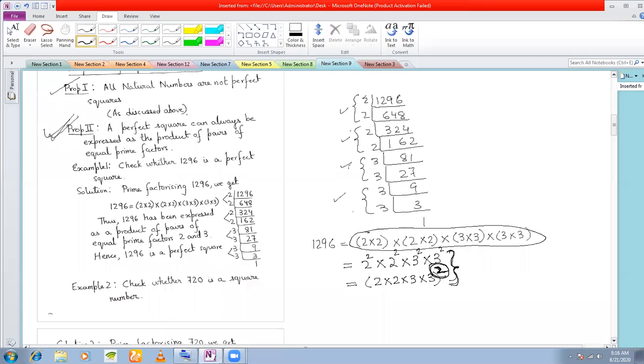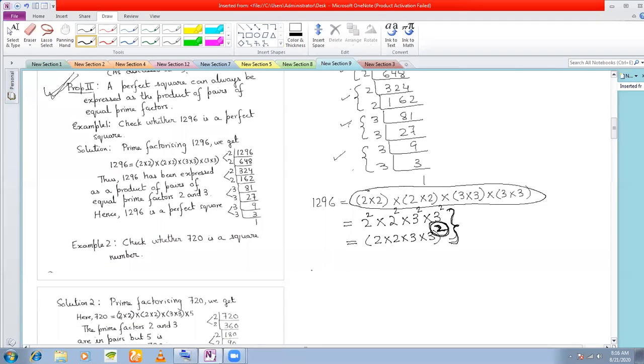1296 has been expressed as the power of 2, which means therefore 1296 is a square number. I checked that it can be expressed as a product of equal primes, and later I write it as a power 2.